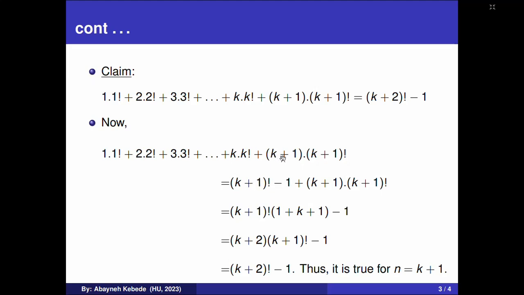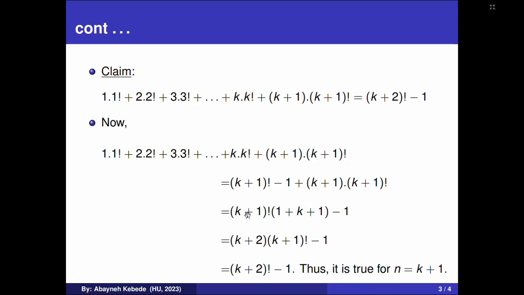The other term is (k plus 1) times (k plus 1) factorial. Dear students, here we have (k plus 1) factorial as a common factor, in both terms. Take the common factor, which is (k plus 1) factorial, times the remaining: here we have 1 plus, what is left, k plus 1, and here we are left with minus 1.